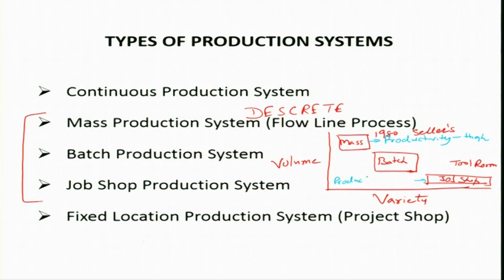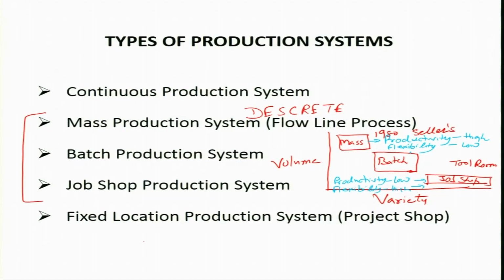On the other side, we say that the flexibility of the job shop system is very high. It can produce any type of product, whereas the mass production system has low flexibility.